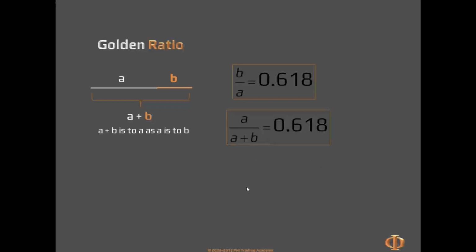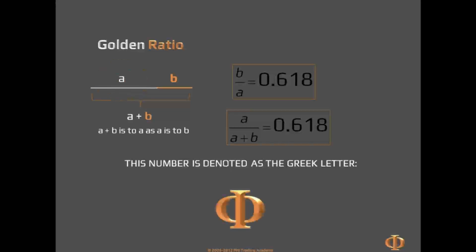Now, you know in mathematics, the circumference of a circle is shown by the Greek letter pi. You know which Greek letter defines 0.618 and 1.618? It's the Greek letter phi, hence the name of the academy, yes?